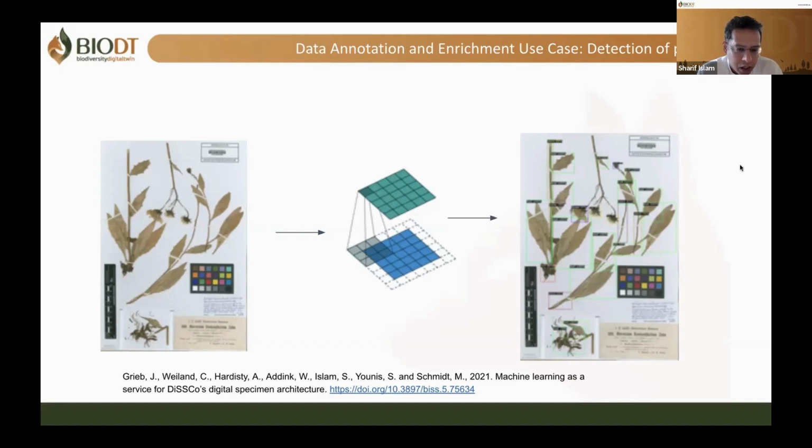So in this example, you can see that it has some sort of deep neural network operation that can detect plant organs or specific sizes and width of the leaf and other important information, and it can label them. That can be helpful, of course, for other types of investigations. Usually, a typical first level of digitization looks like what's on the left-hand side, maybe just with the label and the collection information, not much detail.